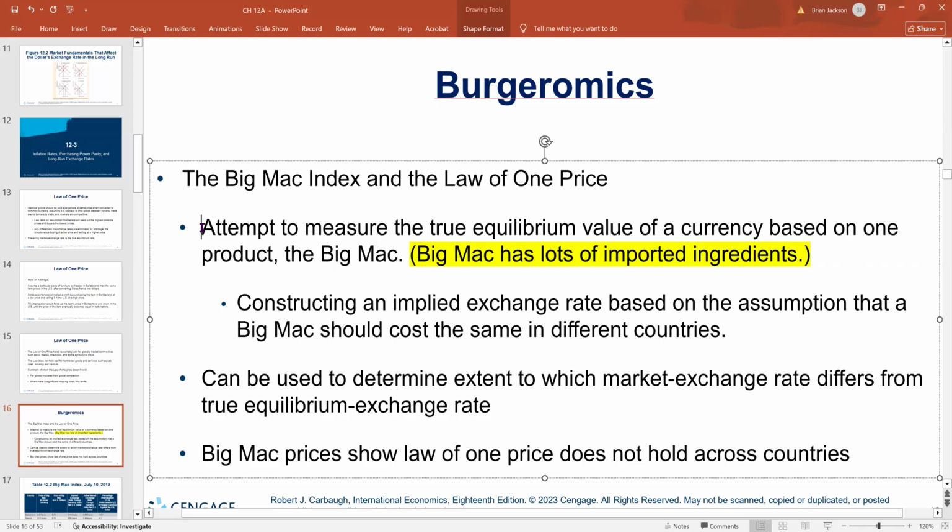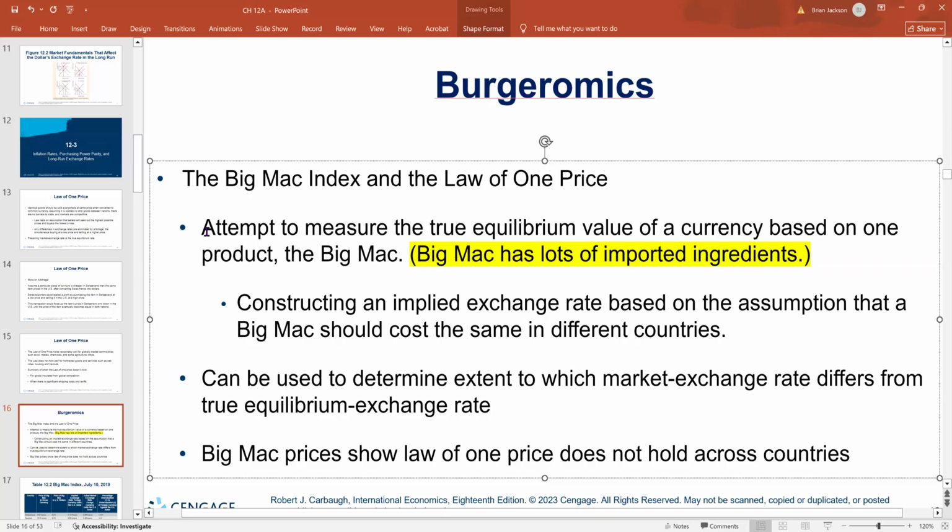Okay. Of course, again, these assumptions we've made don't really hold 100%. There are shipping costs, there are tariffs, and so forth. If we have a tariff in the United States on beef coming in from some country, then of course that's going to affect the law of one price, the price of a Big Mac, which has a significant amount of beef in it.